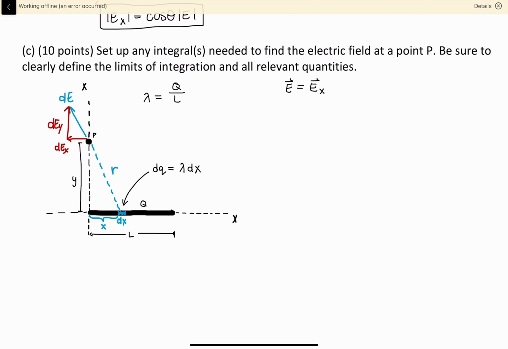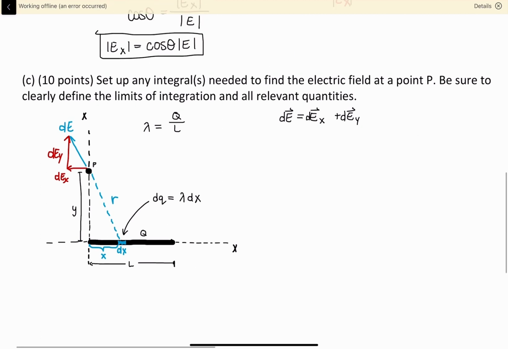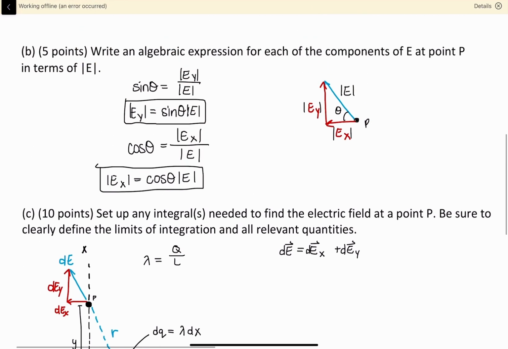We know that the electric field vector will be equal to the x component and the y component. So we need to find DEX and DEY. To find DEX and DEY, we can use these equations that we found in question B.